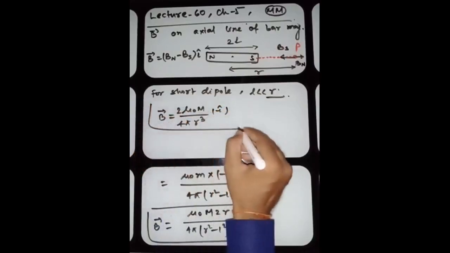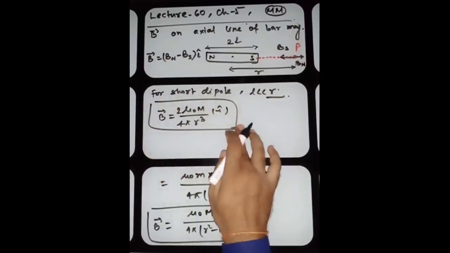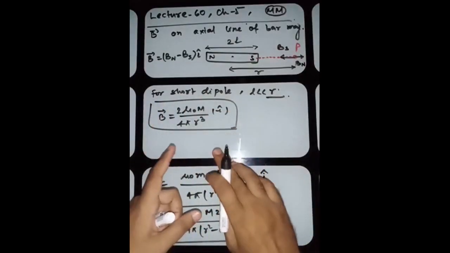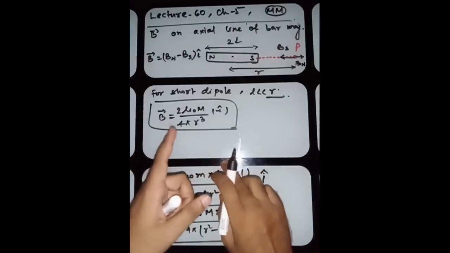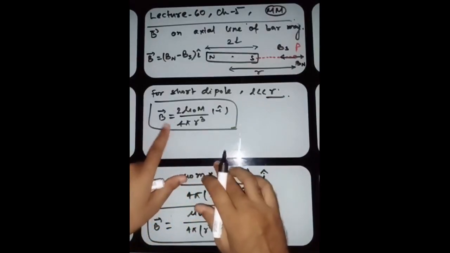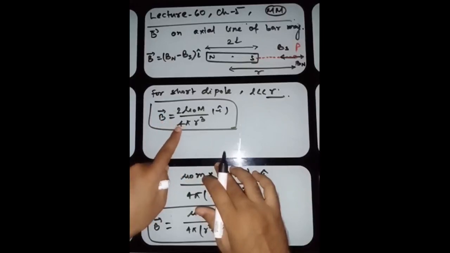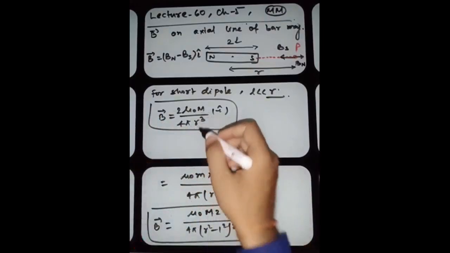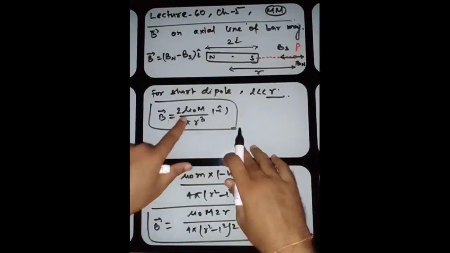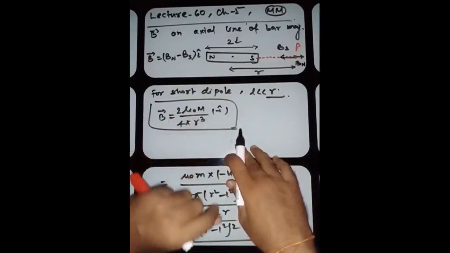This is the magnetic field for a short bar magnet at an axial point. So you must remember, at an axial point the magnetic field will be 2 times mu naught M by 4 pi x cubed, and this M is also the magnetic dipole moment, a vector quantity.